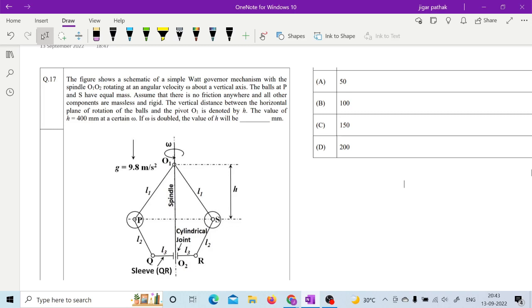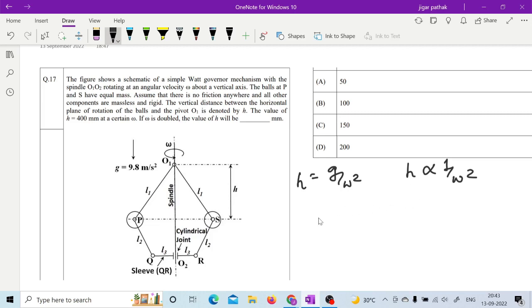It is very simple, I guess. 100. Right. So there is a relation between h and omega square. We have seen h is equal to g upon omega square. So h is inversely proportional to the square of the speed.